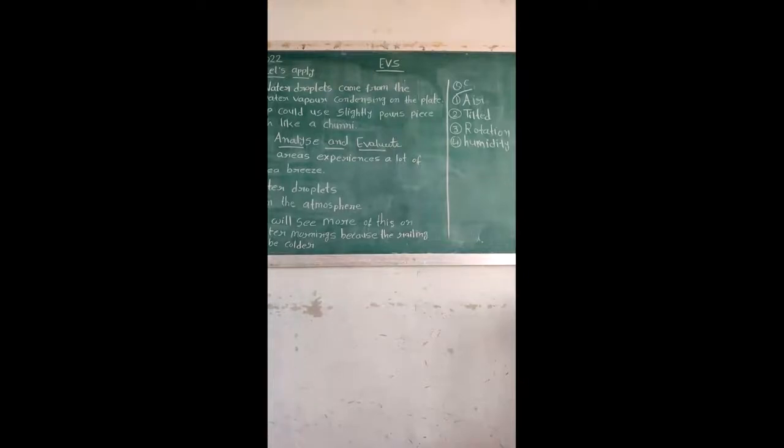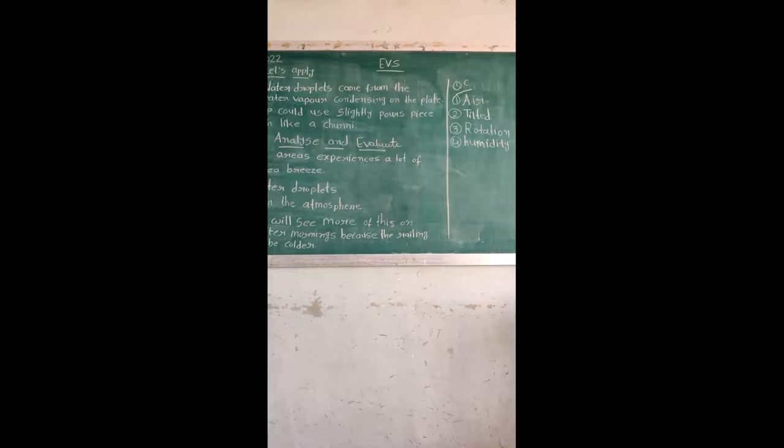The question number 1. Shiva placed a cold steel plate on top of boiling water. She was surprised to see water droplets on the plate. Where do you think the water came from? Condensation.